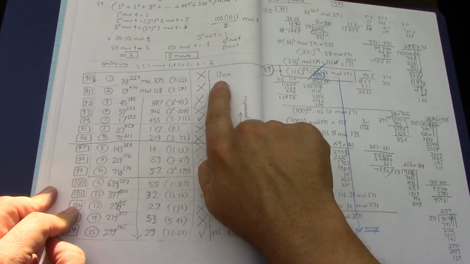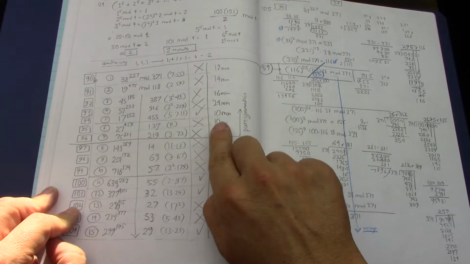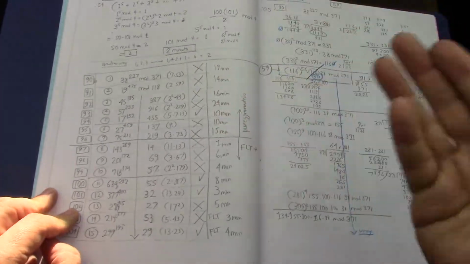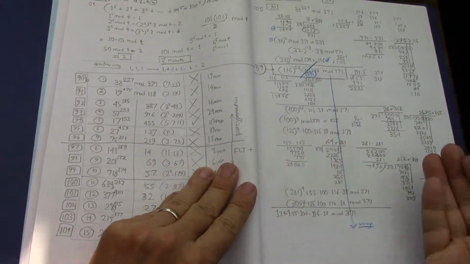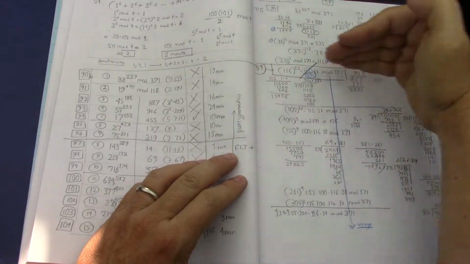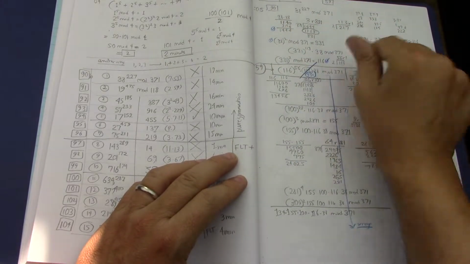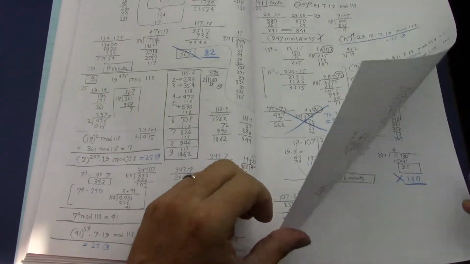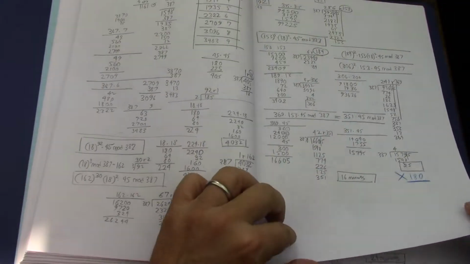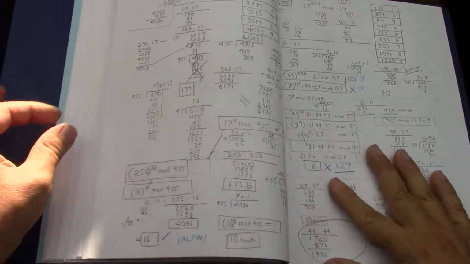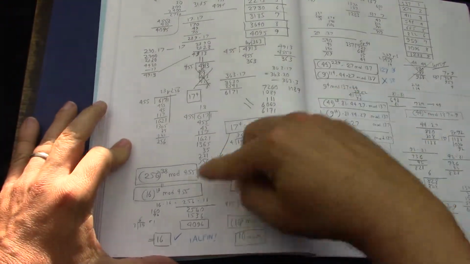I timed myself. It took 19 minutes, 14 minutes, 16 minutes, and then I finally got one right, and I was like, oh, great, okay, good. And as part of learning, I realized you have to be very systematic and go step by step, and sometimes even do the product twice. See how I just kept making mistakes left and right, until finally I got one right, al fin, at last.